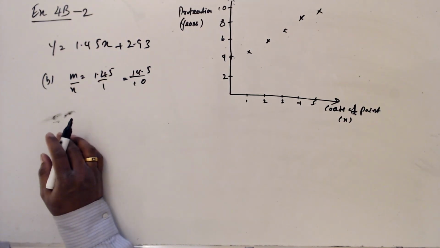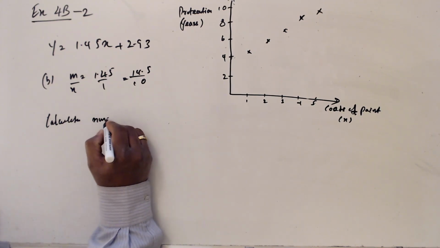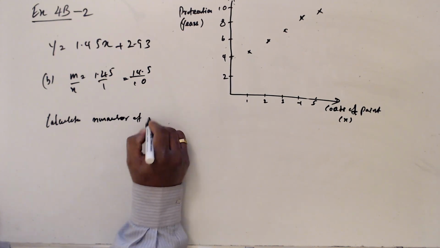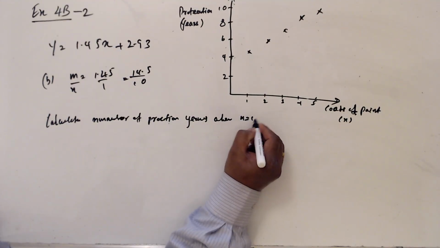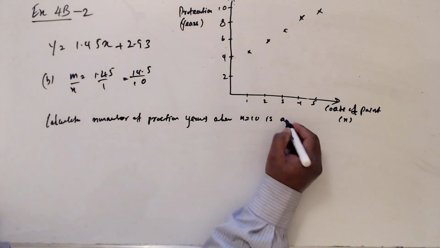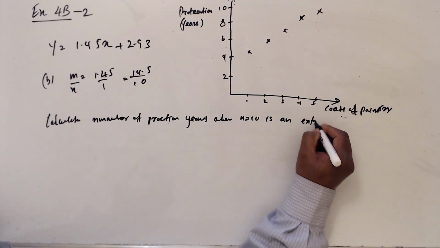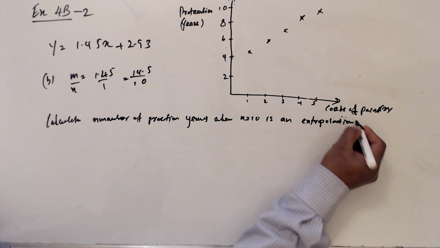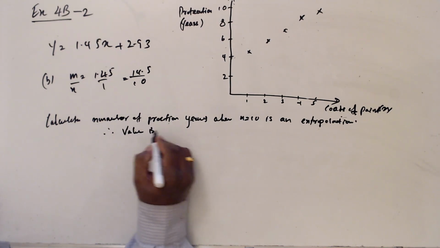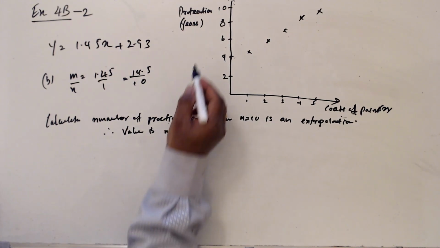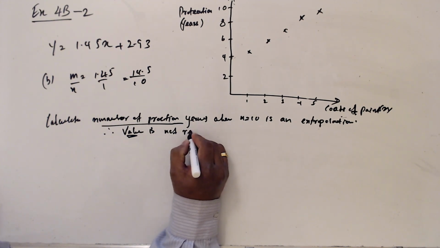So calculating the number of protection years when n equals 10 is an extrapolation. Hence the value is not reliable.